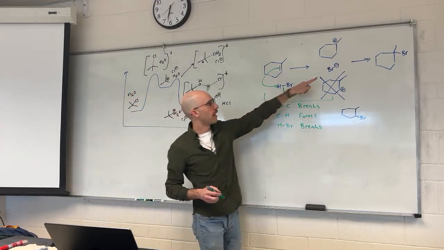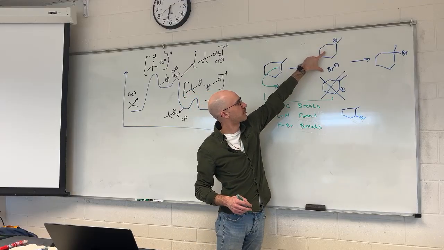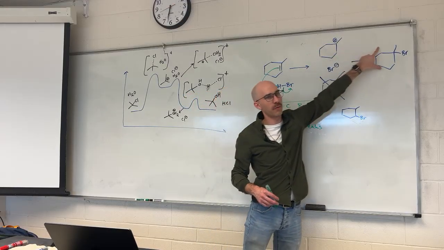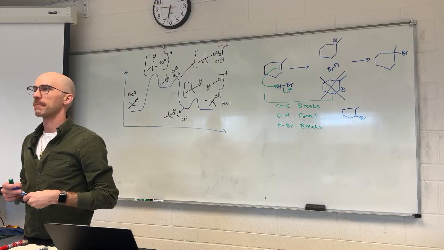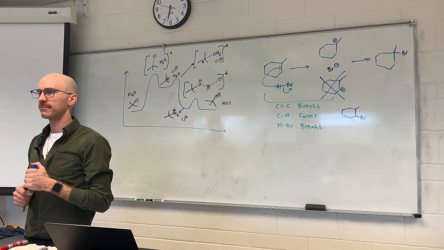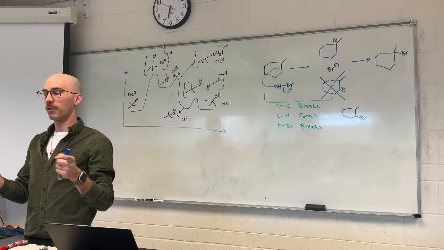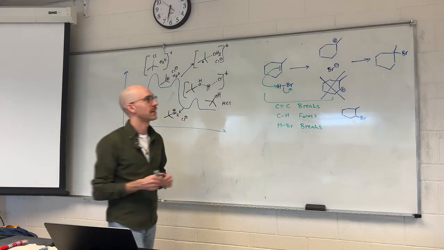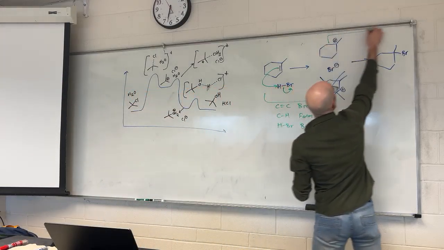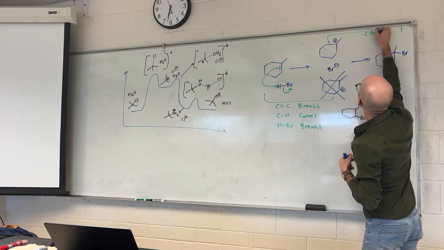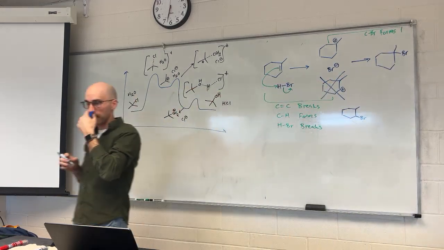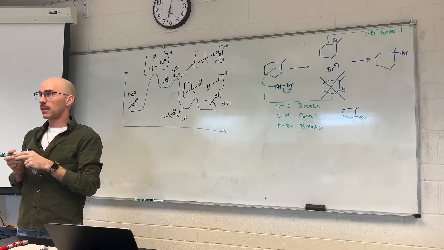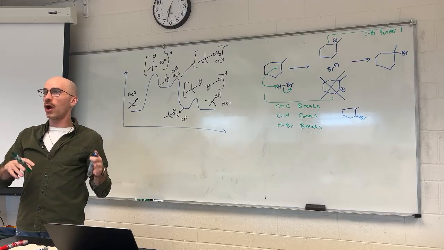So, can you spot the difference from these intermediates to my final product? What bonds need to break? What bonds need to form? Bromine carbon bond breaks, forms. Anything break? So how many arrows do I need? Just 1. Where is it going to start from?